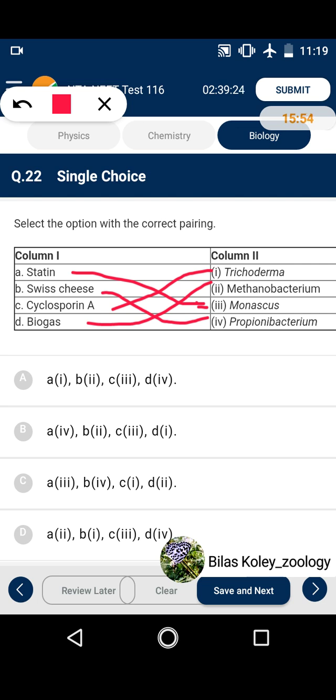So the right option of arrangement will be option C.